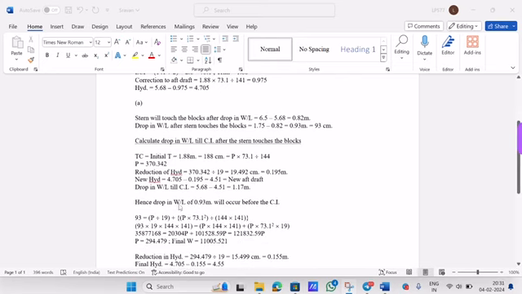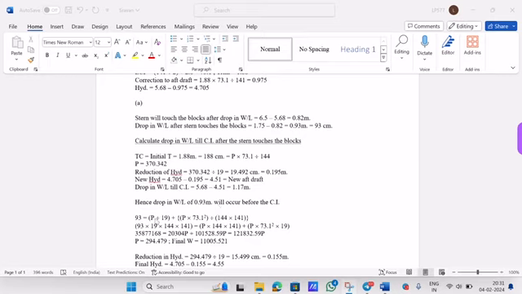This we have already calculated how much water has dropped after the stern touches the block. It is given as 93 centimeter, but when the drop in water level reaches 1.17 meter, only then will the vessel take all along the blocks. That means the 93 centimeter will occur before the critical instant.